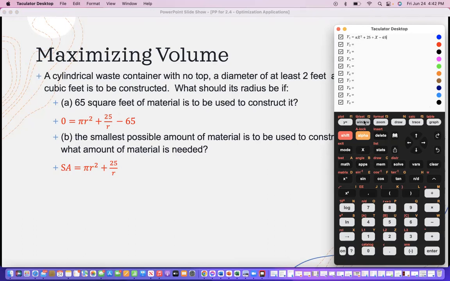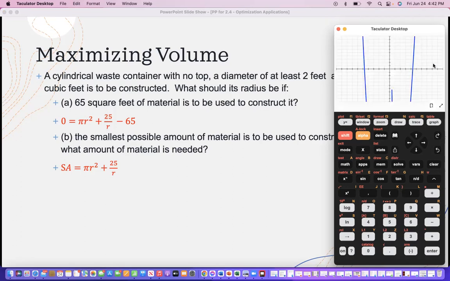And for a standard window, it doesn't really work. I'm just going to go ahead and pull that up here. But we can see that there's some stuff going on here. When we think about our R, that's something that can't be negative. So instead of having my X, which is my R, go from negative 10 to 10, we can just take it from 0 to 10.